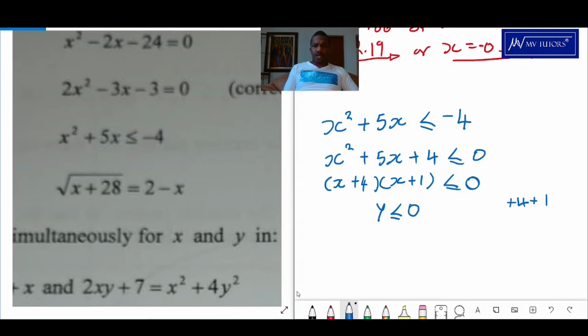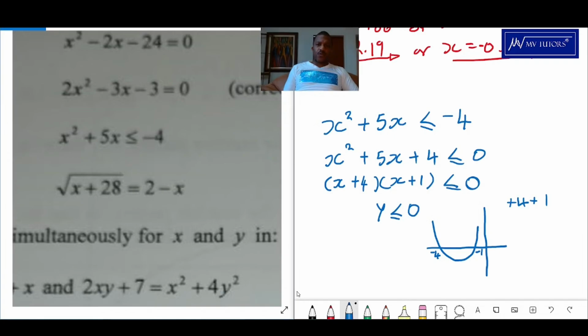So what we do then is draw just a rough sketch of these values. We need x is -4 and -1. So we have -1 there and we have -4 there.